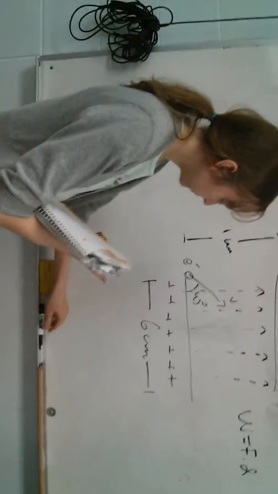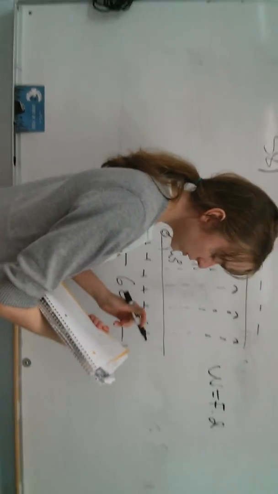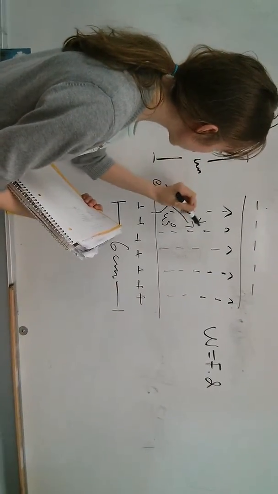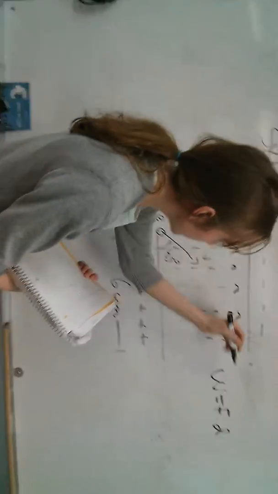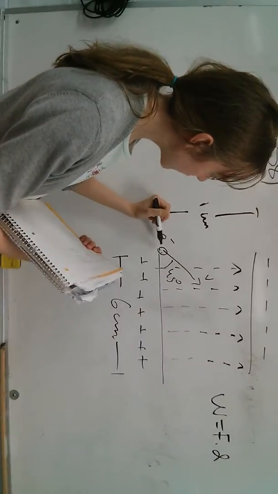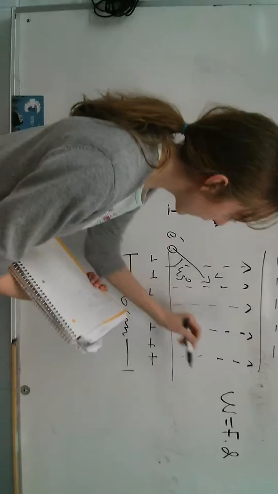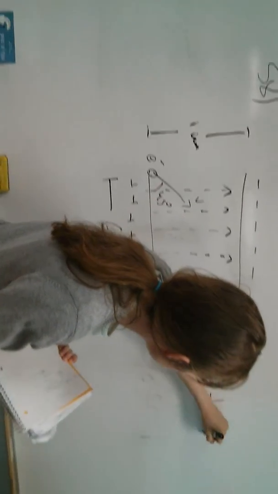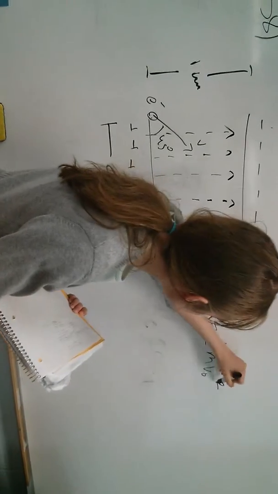We can use the work-energy theorem to figure out its initial velocity here using the distance here. So it has kinetic energy right here, which is equal to 1/2 mv squared. We need to find this.